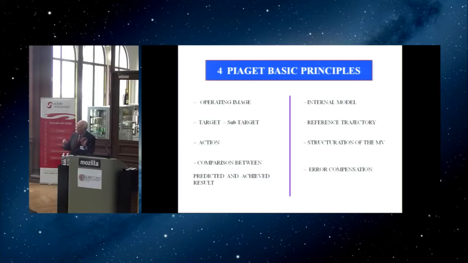Input, output, the same. But what is important is the way to go from where you are to where you want to go. So that is the structuration of the manipulated variable. Then you have some problem with the car, you have to brake, you have a stoplight, so you have some disturbance on your action, and you compensate for that.